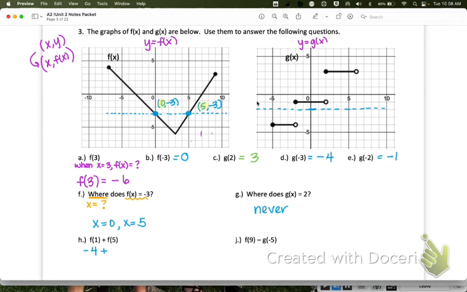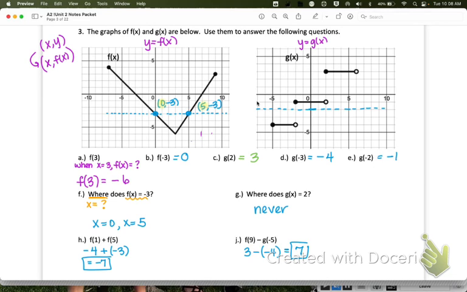When x is 5, y is negative 3, and so the answer is negative 7. Go ahead and try that last question on your own, and I'll be back in just a second with the answer. So I end up with 7. f of 9 is positive 3. g of negative 5 is negative 4. So when I subtract, I get positive 7.